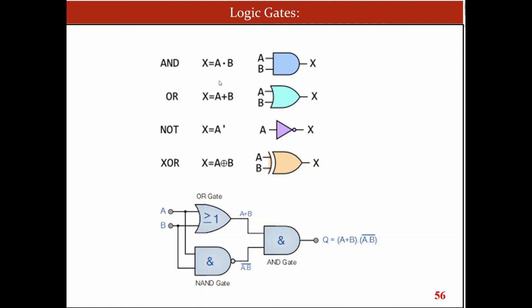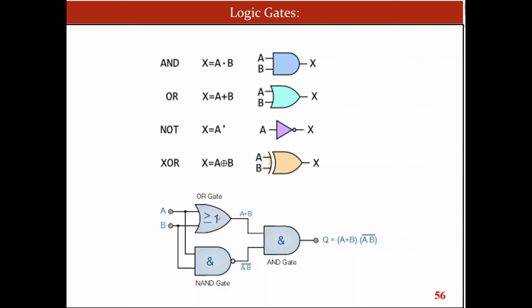Based on all this, we can write the output of a gate connection. A and B are the inputs to the OR gate and to the NAND gate.